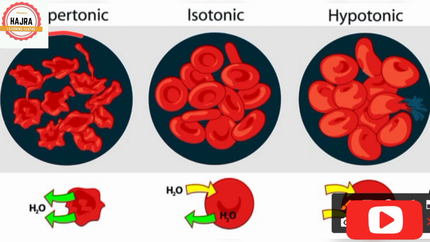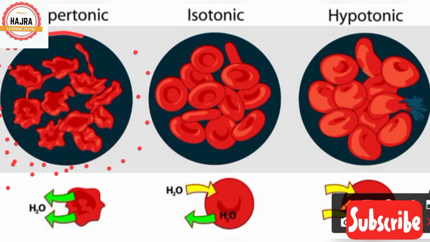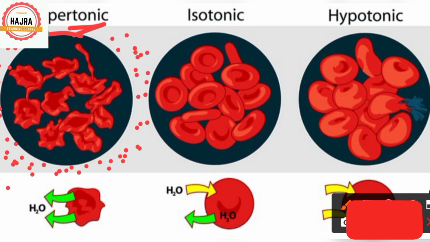Hypertonic means the amount of solutes outside the cell is higher than the inner side. Alright, tonic means solute, and hyper means higher in amount. So the amount of solutes outside the cell is higher as compared to the inner side.